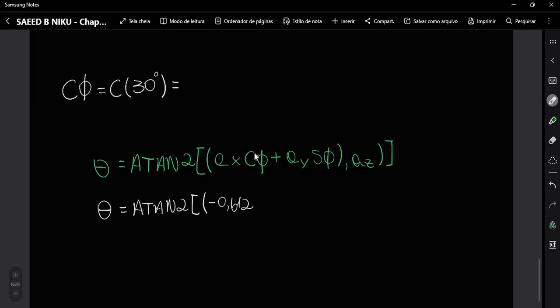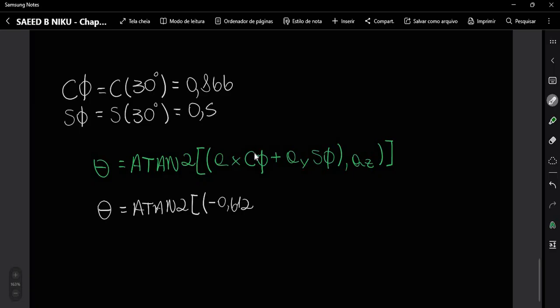So cosine of phi is equal to 0.866, and also sine of phi we're going to use, and sine of phi is equal to 0.5.